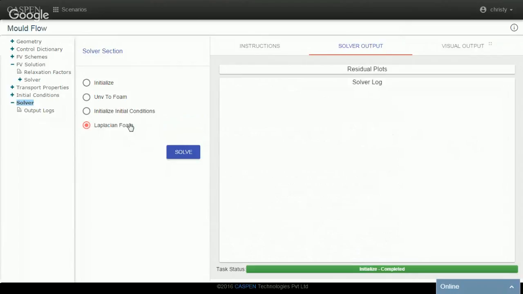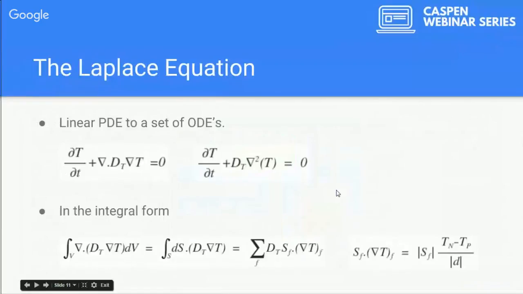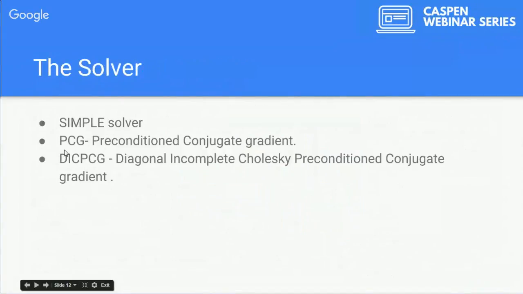Now we run the Laplacian solver. While this runs, we will quickly go back and look a little more into the types or methods of solving within the solver.